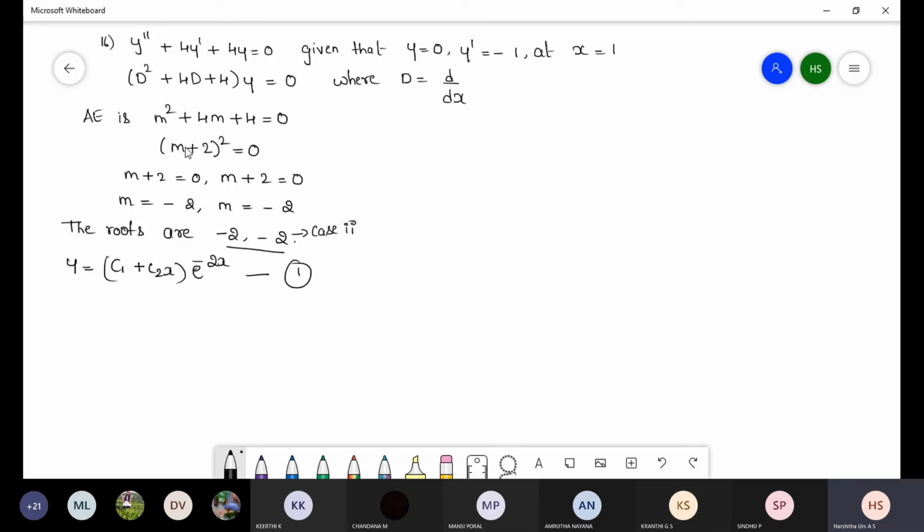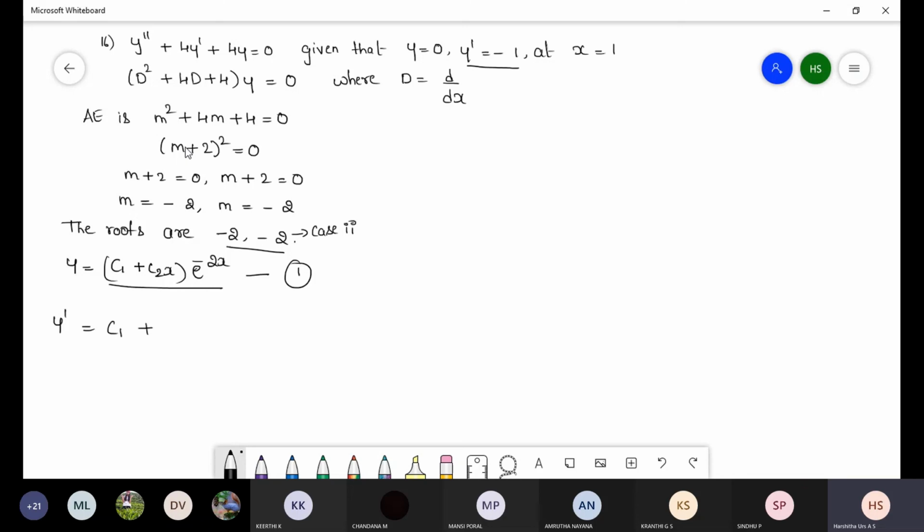Now, in the question they have given y dash is equal to minus 1, so we have to find y dash, that is y differentiated with respect to x. Here we apply the product rule.